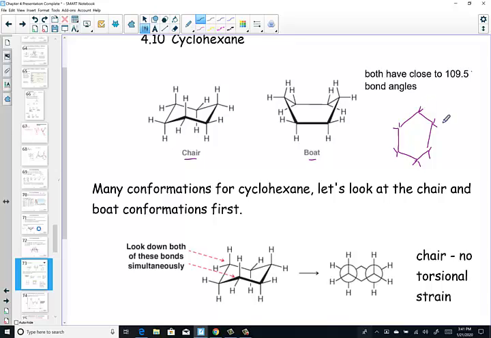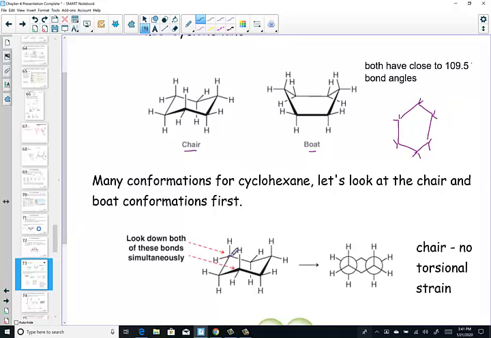And so how do we arrange those 6 carbons so that they're alleviating any steric hindrance, any torsional strain for the carbon-to-carbon bond? The most stable conformation is in a chair position, and that's what this represents.